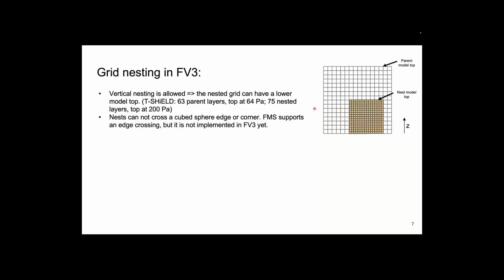At the moment, the nests cannot cross a cubed sphere edge or corner, although the FMS libraries developed by the Modeling Systems Division at GFDL support edge crossing. But we haven't implemented that in FV3 yet, so the nest has to be confined within one of the cubed sphere faces. Each nested grid can run on a specific list of processors.